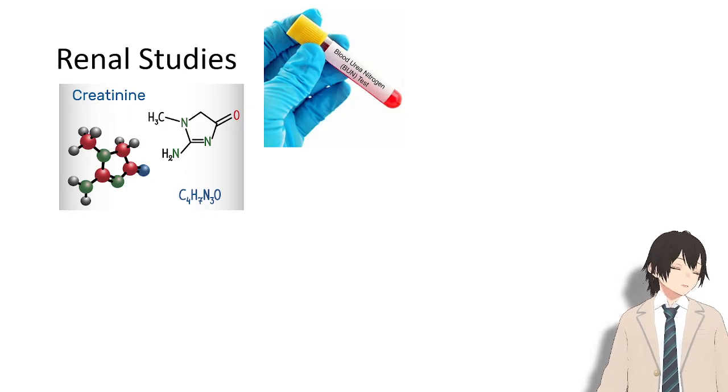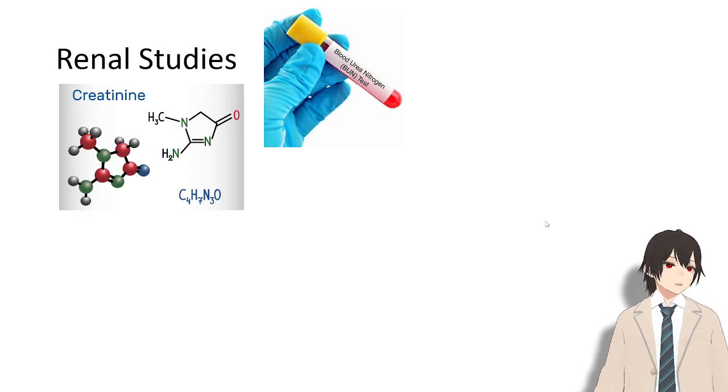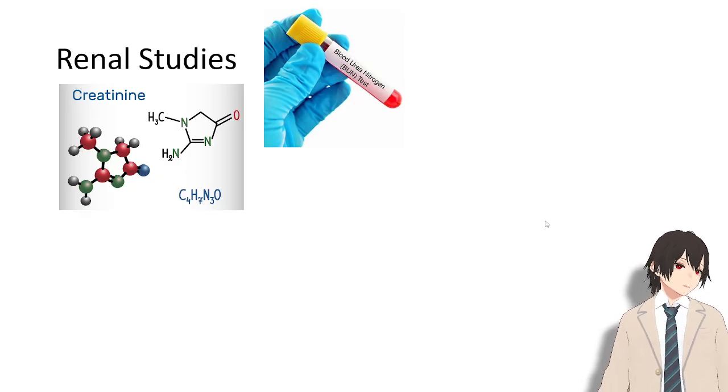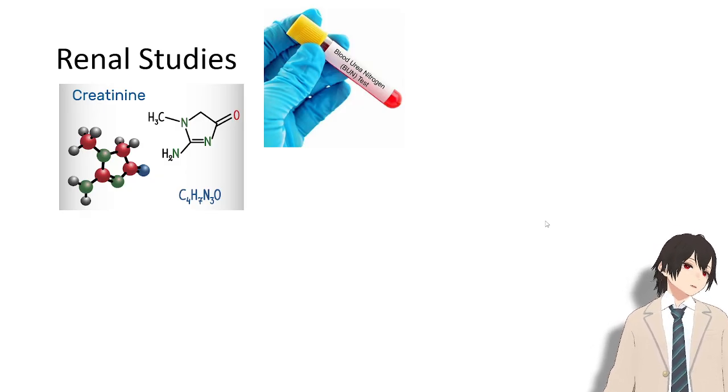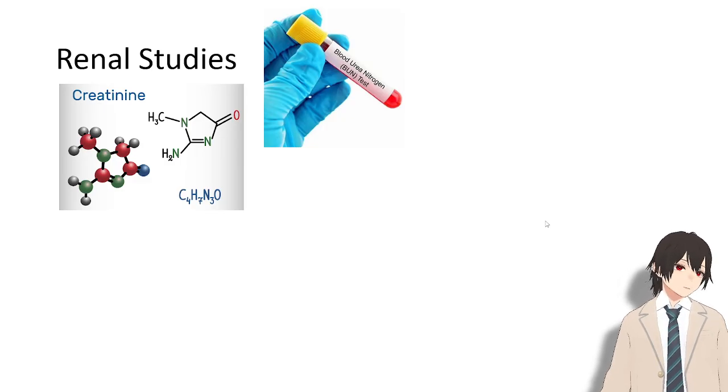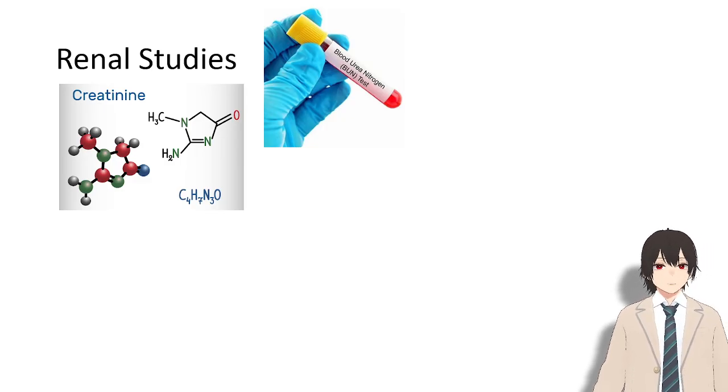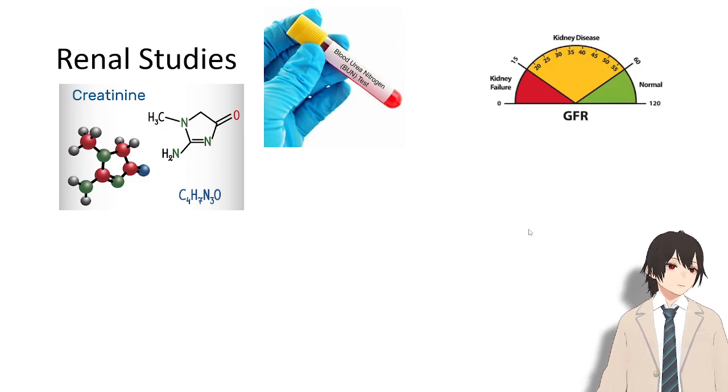BUN, urea nitrogen, is a waste product that's created when the liver breaks down protein during digestion, and it gets filtered through the kidneys, and it's a range from 7 to 30. Again, the ranges are usually not the highlight of these exams and the key points for NCLEX. It's more that when you're checking renal studies, you're checking creatinine and BUN for kidney function, okay? Like how well it works.